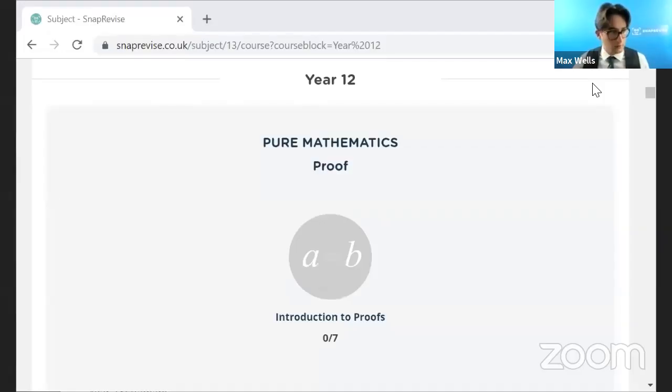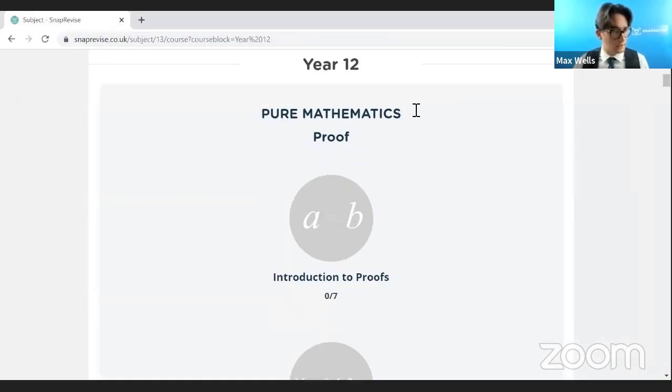I'd like to show you some of the stuff on the website and make sure everything's nice and clear for you. So let's have a little look. Share. Where's it gone? Here we go. Do let me know if you can't see this at all. Okay, hopefully that's loaded. Might just be taking a second.